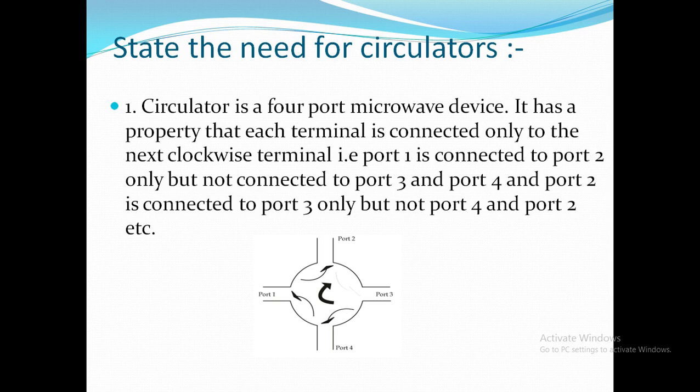Here we are considering a four-port circulator, which is commonly used. It is a non-reciprocal component. All four ports are matched and the transmission of power takes place in a cyclic order only. That means the waves will propagate in a cyclic order only. An ideal circulator is a perfectly lossless circulator.